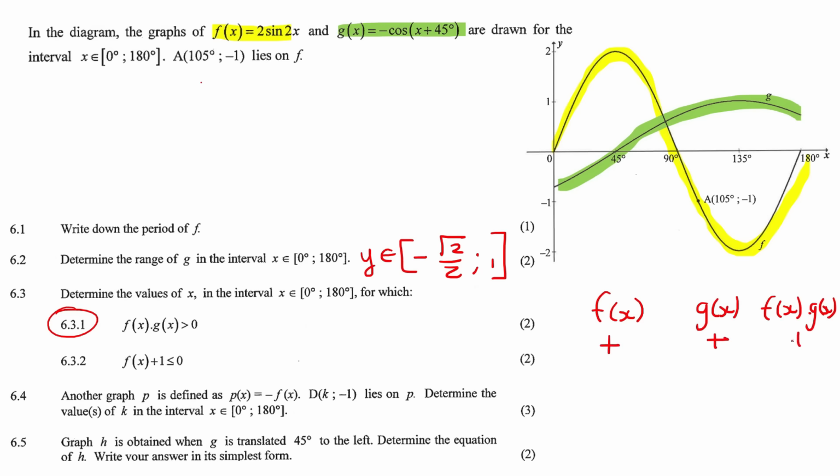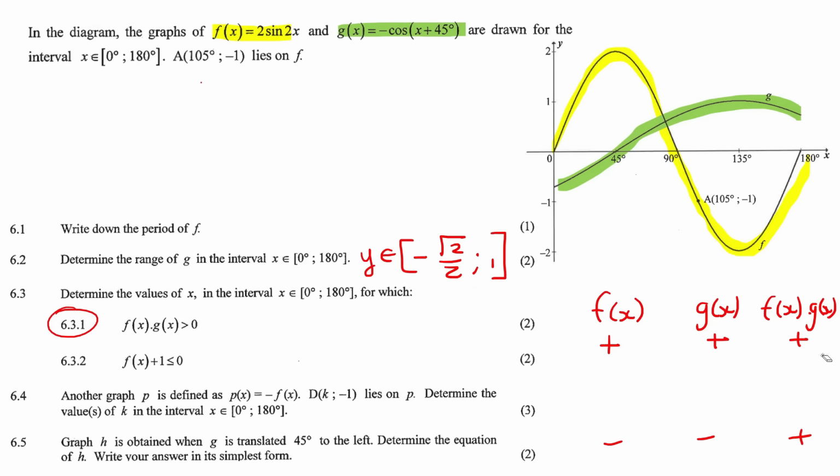If f of x is positive and g of x is negative, then when you multiply them, you get a negative. If f of x is negative and g of x is positive, we're just going through all combinations. They want to know when you multiply them, it must be a bigger than 0 answer, so it must be positive. So we don't want this category, and we don't want this category. We only want the categories where we end up with a positive after you multiply them.